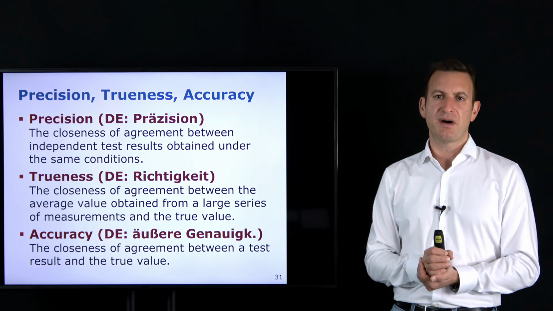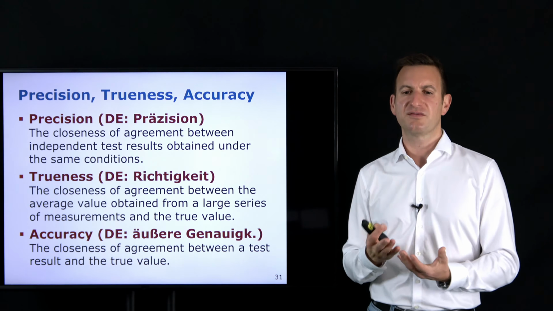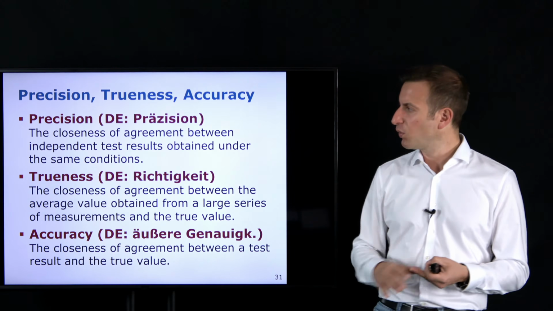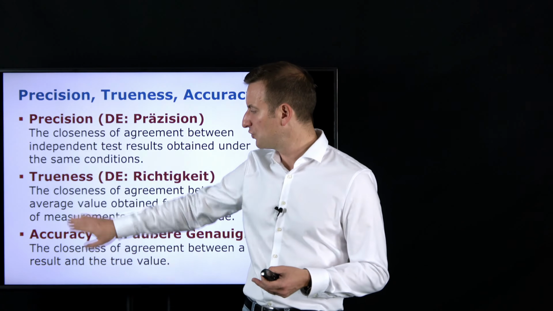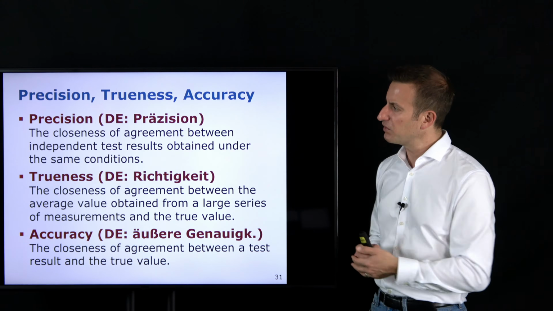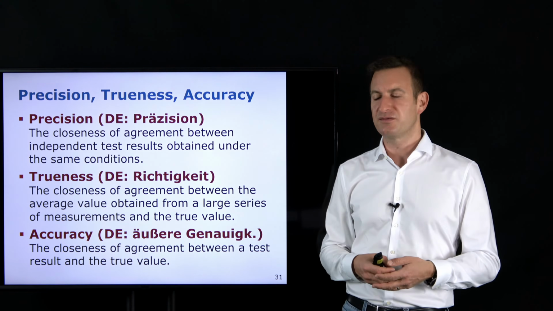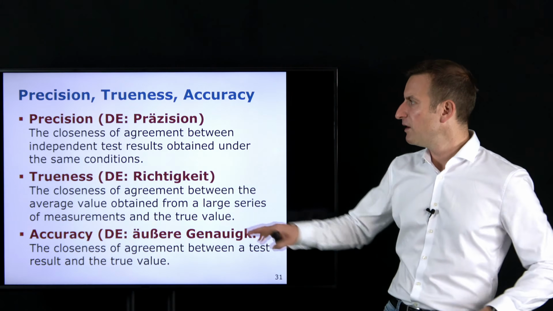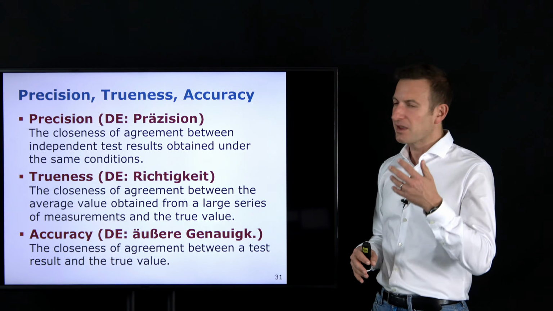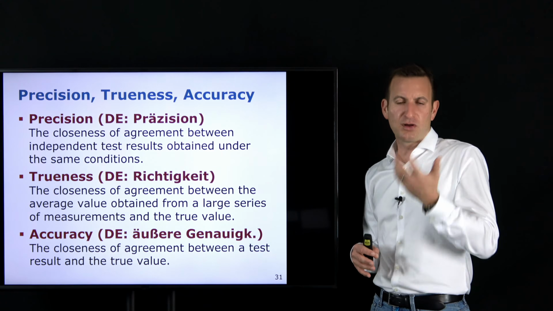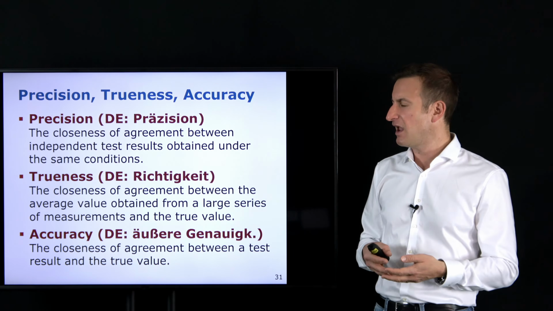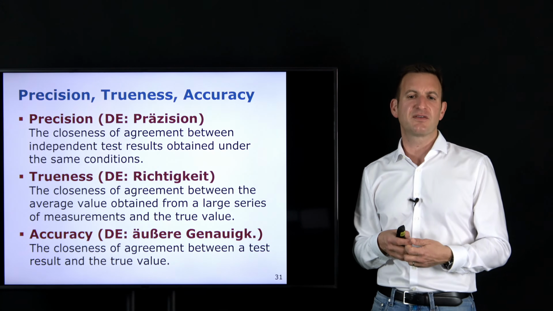Before we talk about the quality, there are different ways how I can actually measure this quality. And these are three important quantities here, which are the precision, the trueness, and the accuracy. Before I continue, I want to very briefly talk about those in order to differentiate them. So the first thing is the precision. The precision is basically how close or how similar the results of independent tests are that are executed under the same conditions.